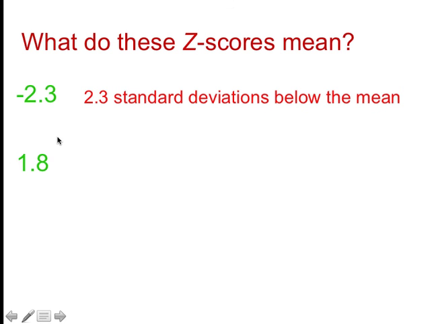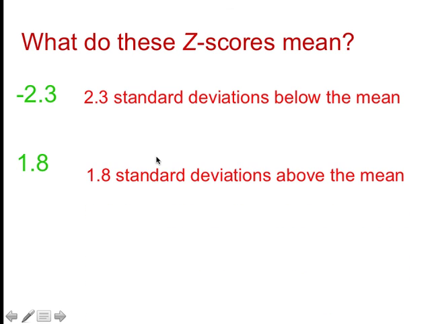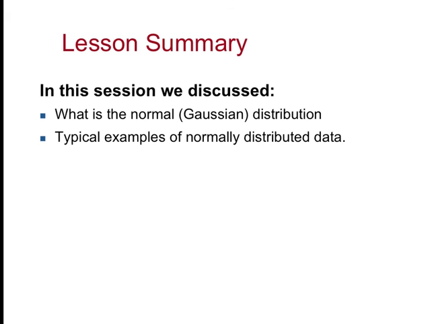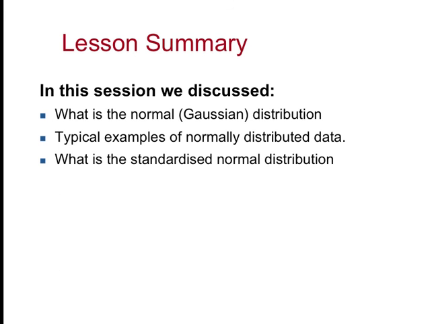For minus 2.3, it means it is 2.3 standard deviations below the mean, while that of 1.8 means it is 1.8 standard deviations above the mean. To summarize this session, we have looked at what normal distribution is, what are the typical examples of normally distributed data, and finally, what the standard normal distribution is.